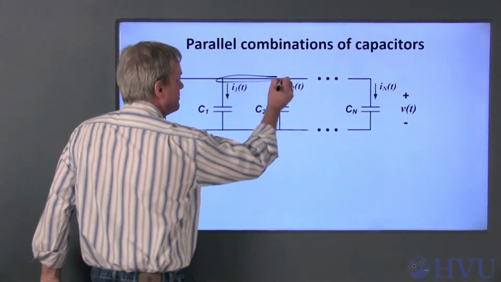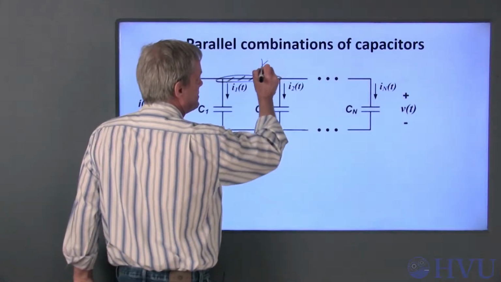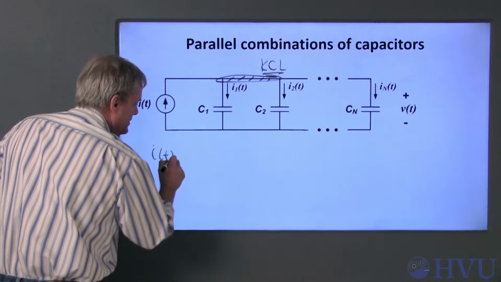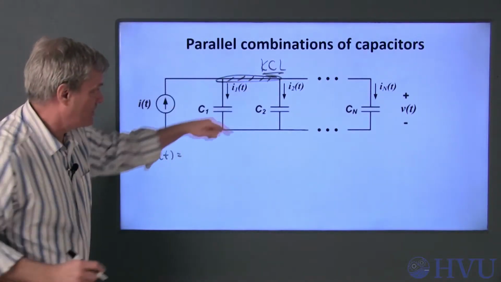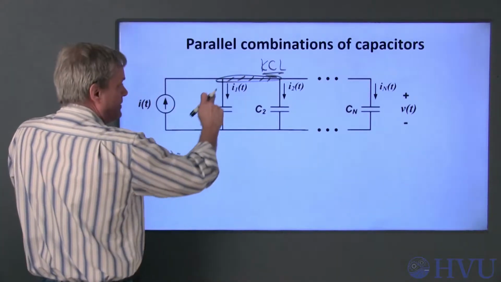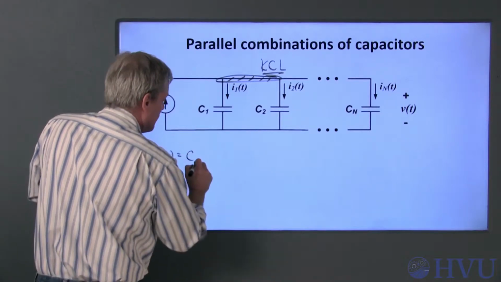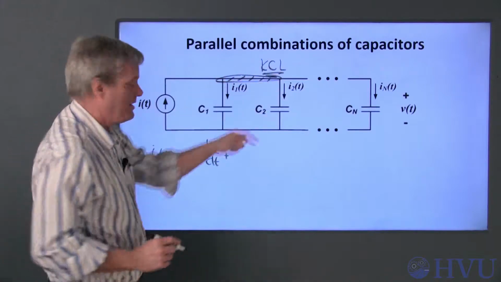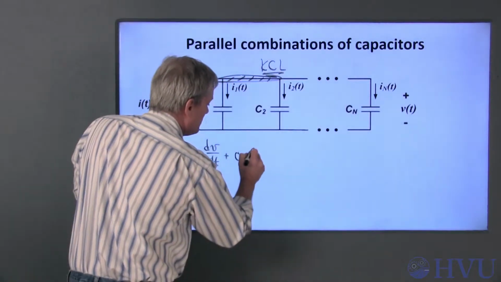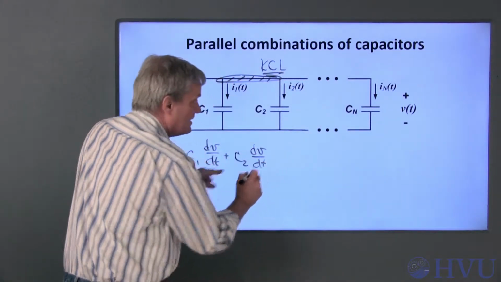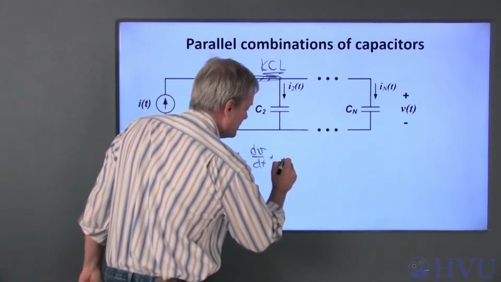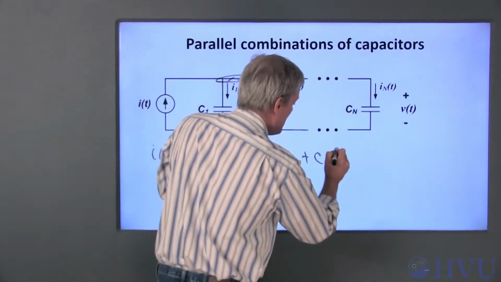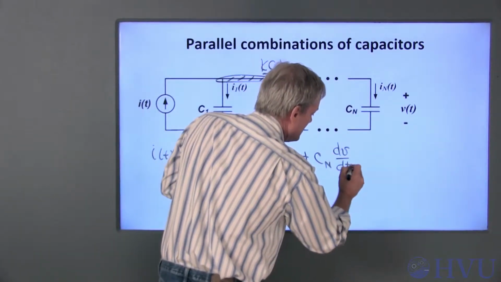If I use that information and do KCL at this terminal, the current into that terminal is I of t. That's equal to the sum of the currents leaving that terminal. This current, I1, is C1 dV by dt, plus the current I2 is this capacitance, C2 times dV by dt, plus a bunch of other terms, plus the nth capacitor is C sub n dV by dt.